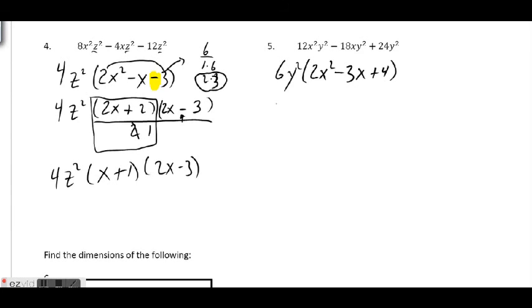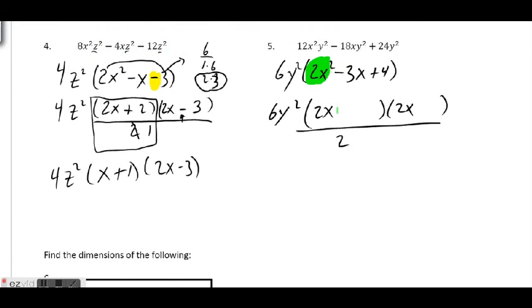Alright, again, simply bring that 6y squared. Whatever that greatest common factor was out in front, you just keep writing it. Alright, don't worry about it. So now I want to do 2x. Remember the Rosso method. Whatever this thing is, you write it down 2 times.